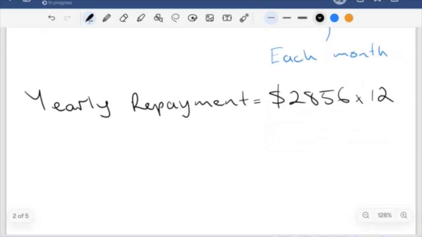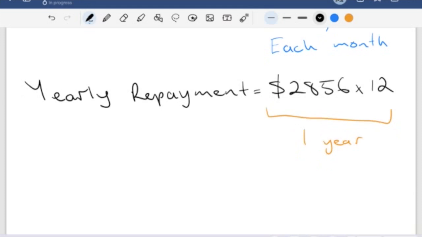So we're using things that we've done in rates ages ago, right? Once we have this yearly repayment, we want to find out how much for 13 years. So we're going to take our yearly repayment. This is for 1 year. If we want to find 13 years, we have to multiply this amount that I've underlined, the entire thing, by 13 again.